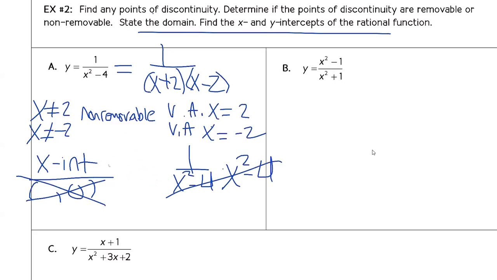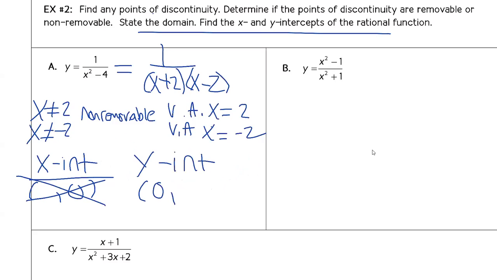And similar idea, if you try to find your y-intercept, your y-intercept is always going to be 0 comma something. So you plug in 0 for x. So if you had y equals 1 over 0 minus 4, oh, there should be a y-intercept. I wonder if this key is wrong, because the y-intercept would be negative 1/4.